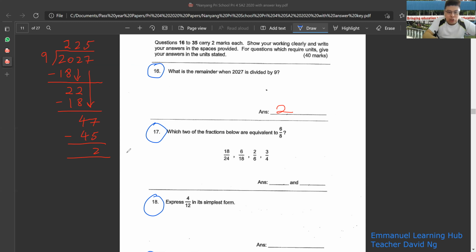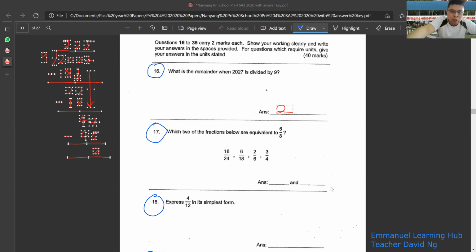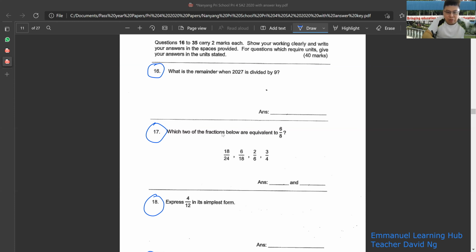Okay, question 17. They ask you which two of the fractions below are equivalent to 6/8. So 6/8, right? 6/8 in lowest form is 3/4.